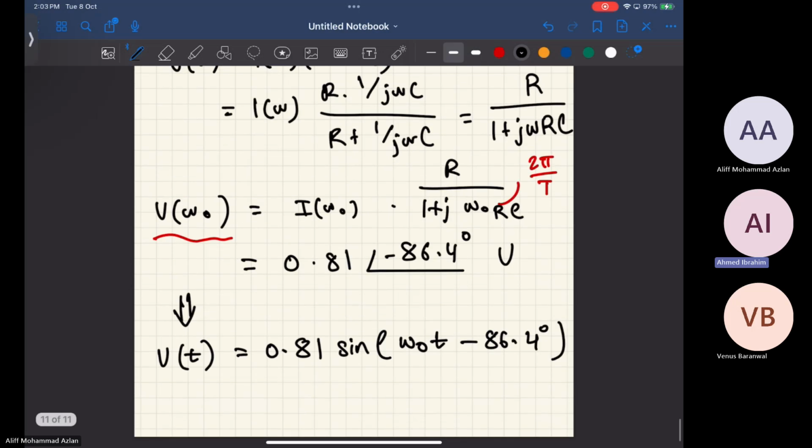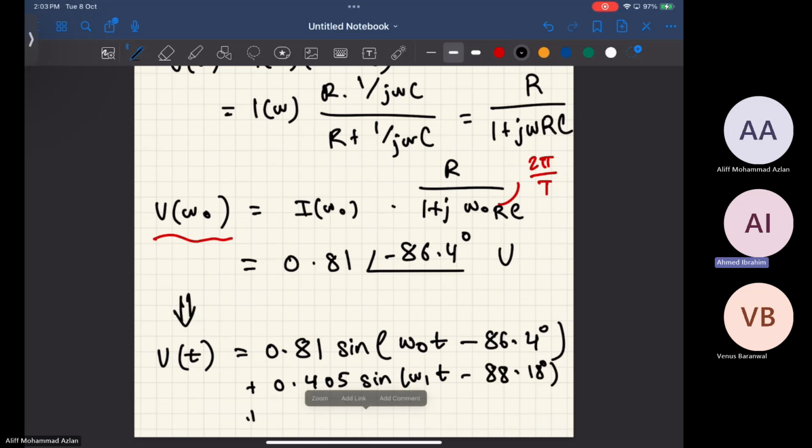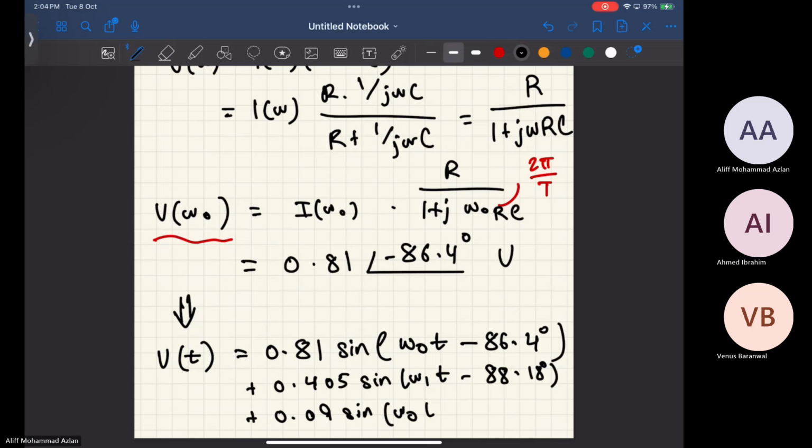And we can do the same for the omega 1 and omega 2, and that will give us 0.45 sine omega 1 t minus 88.18 plus 0.09 sine omega 0 t minus 88.78 degrees.